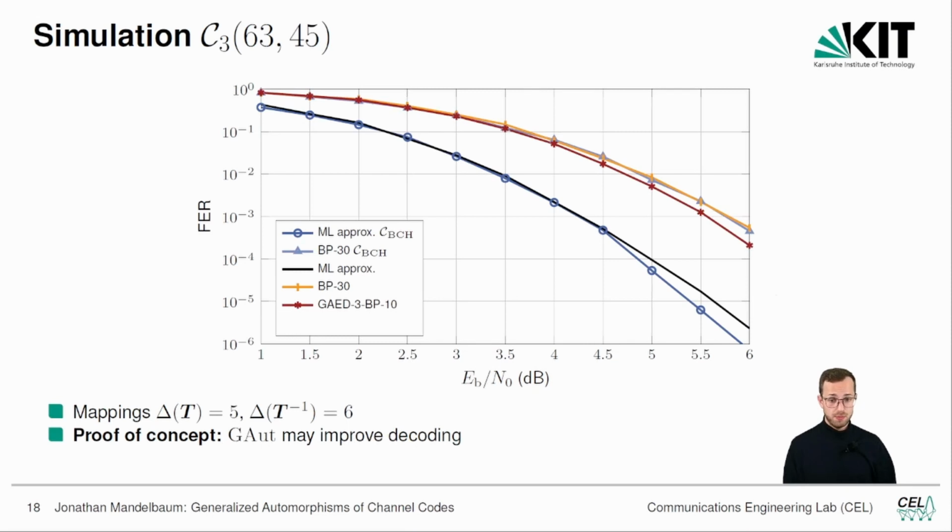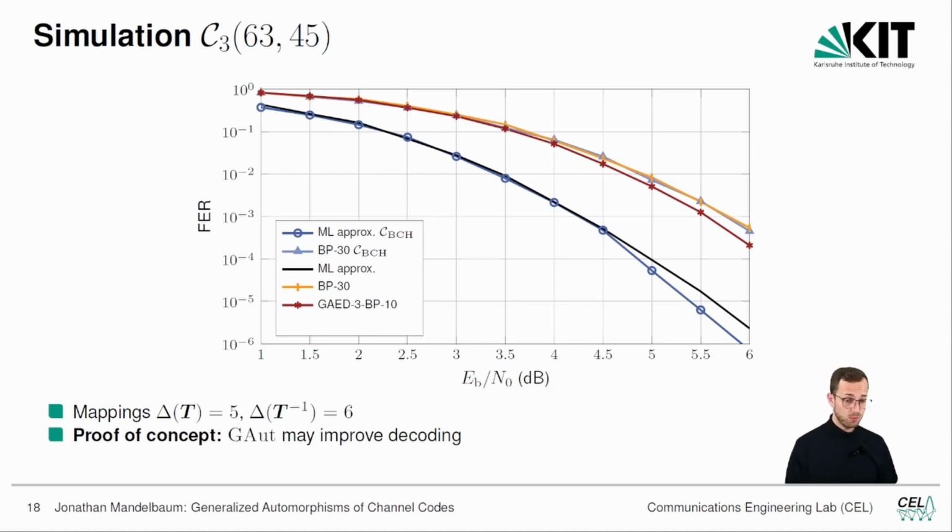And now, by using a GID3 BP10, therefore at equal complexity and reduced latency, we are able to outperform the BP30 by about 0.2 dB at a frame error rate of 10 to the power minus 3.